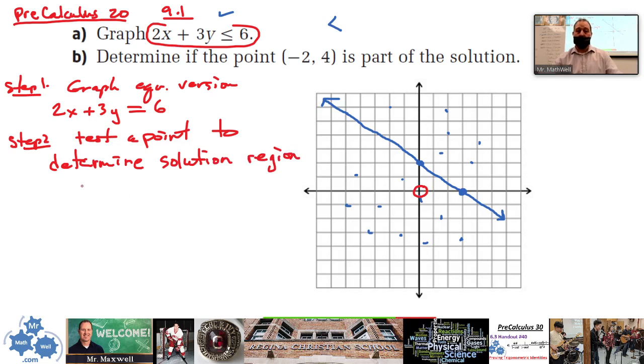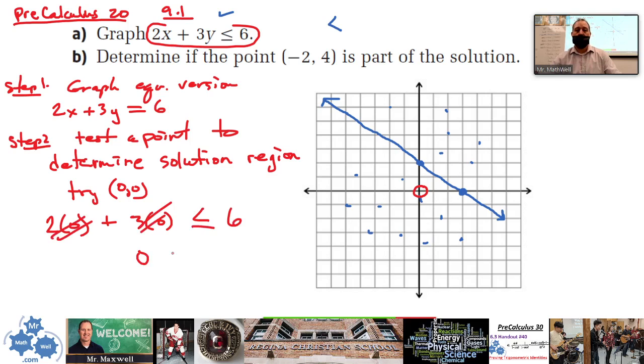Okay, and again, try 0, 0. Why is that a good one? Watch this. 2 times 0 plus 3 times 0. Is that less than or equal to 6? Well, super easy. We've got 0 plus 0. So is 0 less than or equal to 6? Yes, it's less than 6.